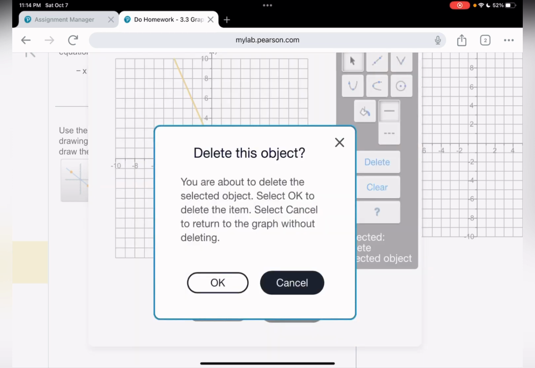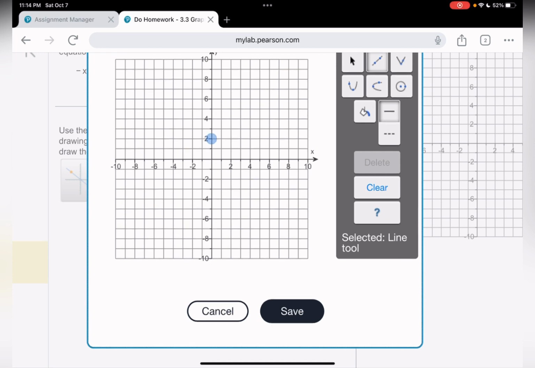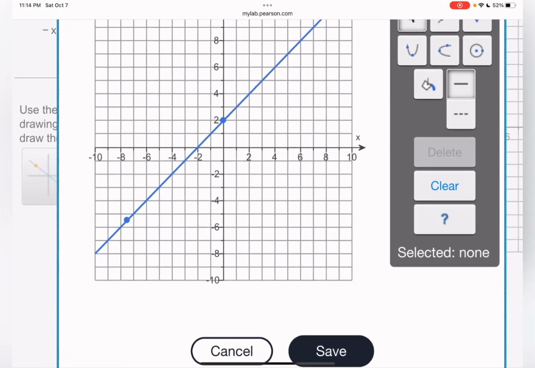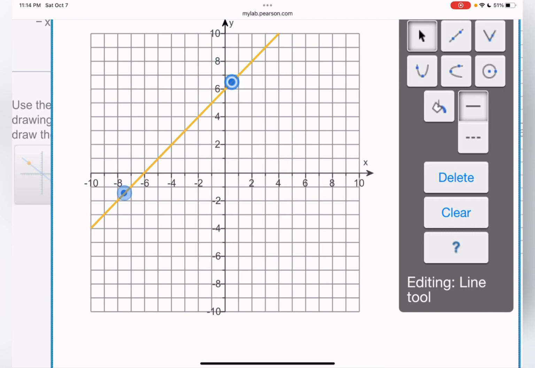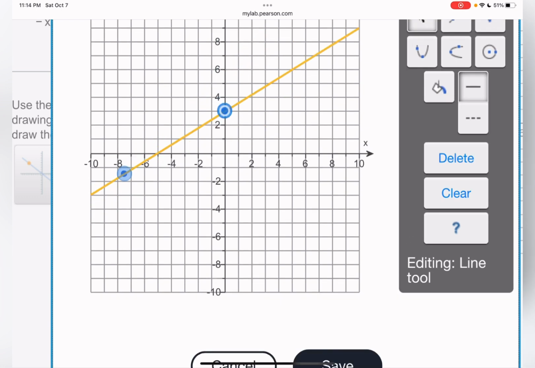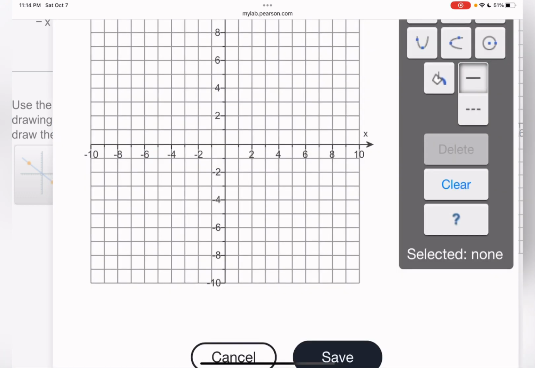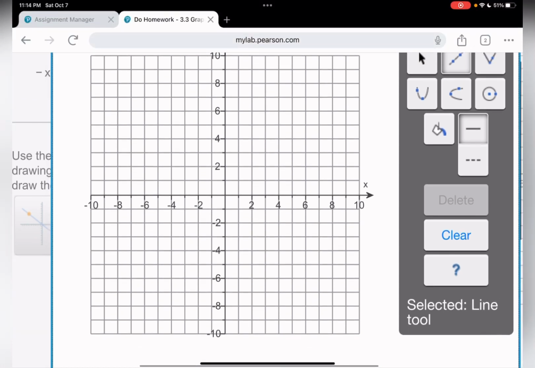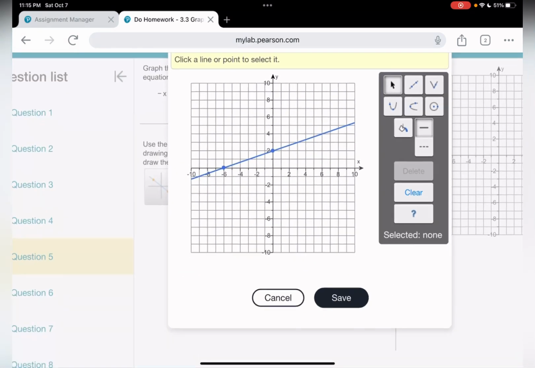Let me delete this. 0, 2 and negative 6 and 0, this and this point. Okay, finally.